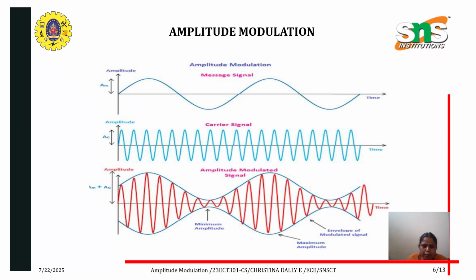Here the amplitude of the carrier signal is varied according to the amplitude of the modulating signal. So here we are getting the AM envelope. Here we note down the maximum amplitude and the minimum amplitude, and the carrier plus message signal is AM plus AC.